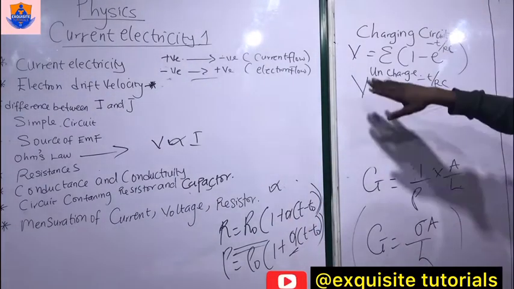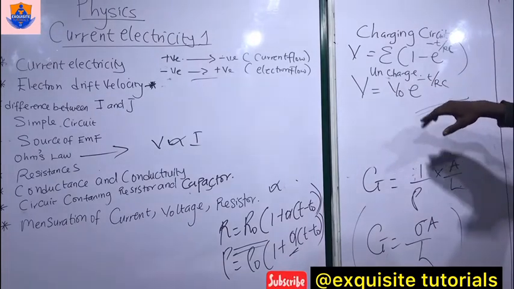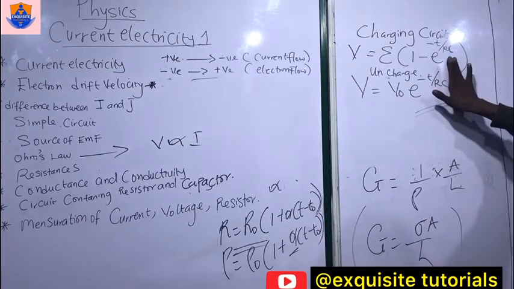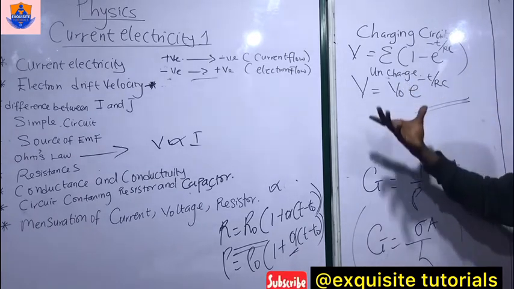Whenever it's being charged, the voltage is equal to the potential difference times brackets 1 minus exponential minus t over RC. Same thing when the circuit is being uncharged.